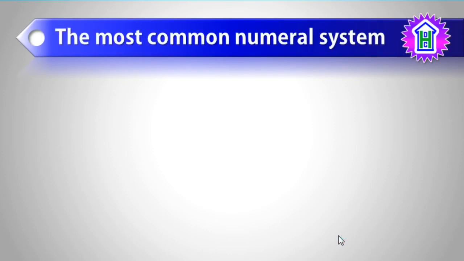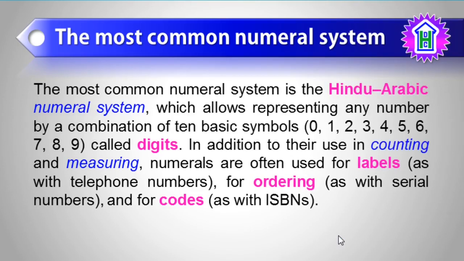We know already, but let us understand what the most commonly used numeral system is. The most common numeral system is the Hindu-Arabic numeral system, which allows representing any number by a combination of 10 basic symbols from 0 to 9, and all the symbols are called digits.